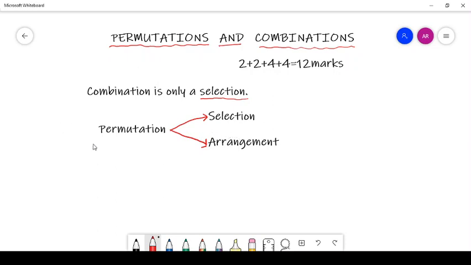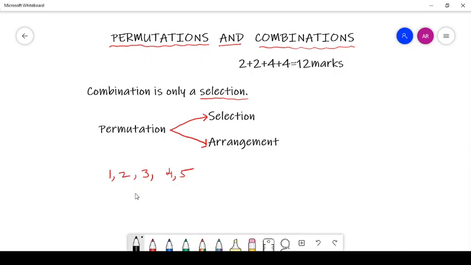For example, forming a 3-digit number using the digits 1, 2, 3, 4, 5 is a permutation.